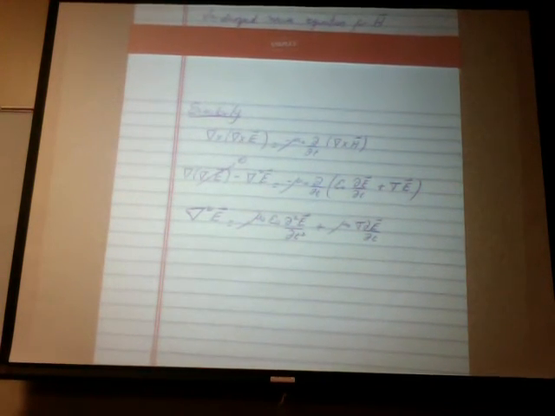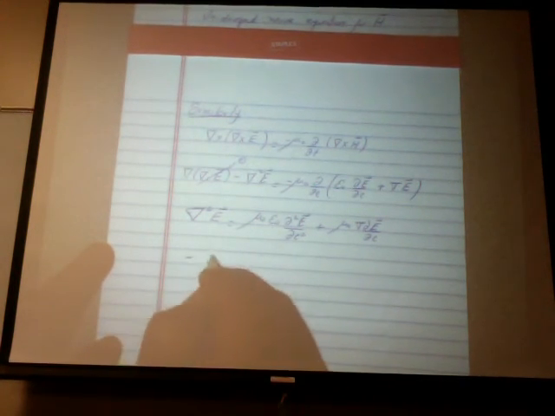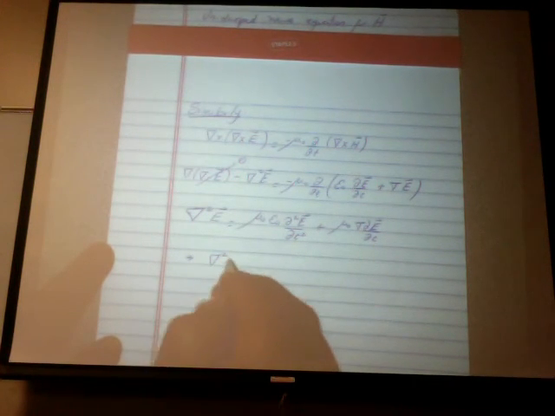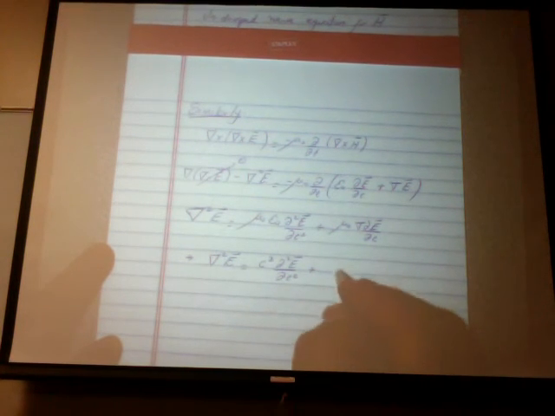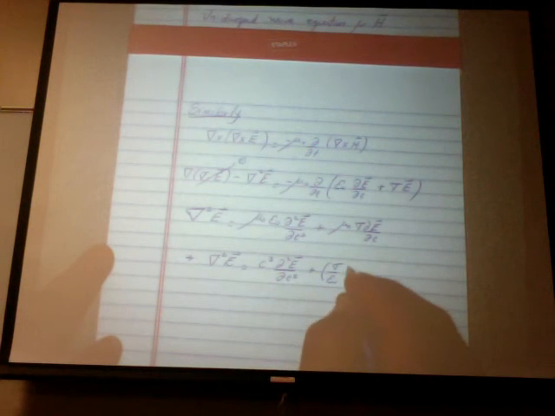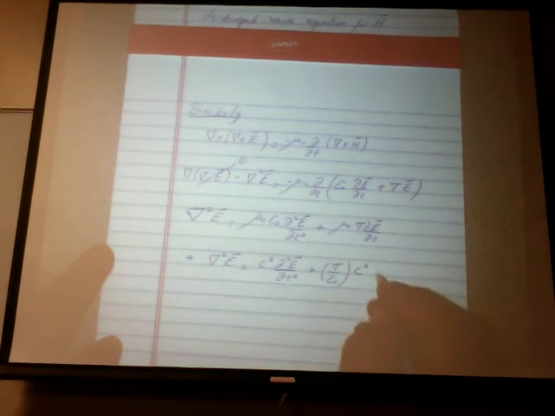And so the Laplacian of E is equal to one over the square of the speed of light times the second derivative of E with respect to time squared, plus sigma over epsilon 0 times one over the speed of light squared, dE/dt.